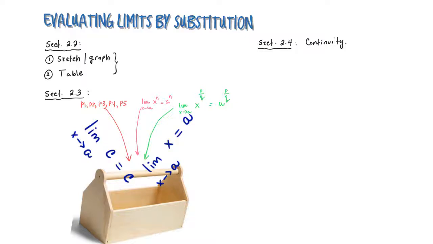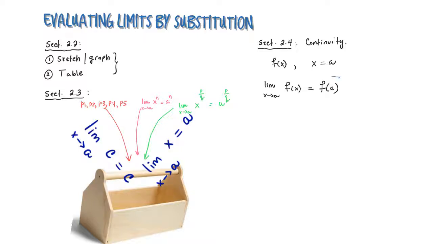In other words, if we have a function f of x and we have a value of x, let's call it a, we say that the function f is continuous if the limit as x approaches a of f of x is equal to f of a.